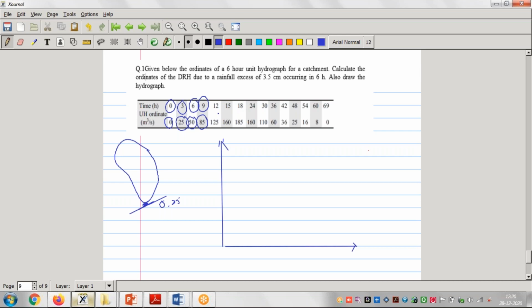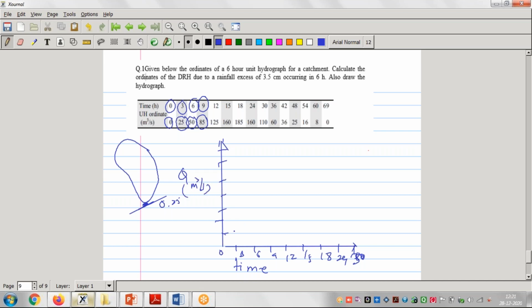So here you will observe that the time will be taken on the x-axis, right? So here this is 0, 3, 6, 9, 12, then 15, then 18, then here it is given as 24, not 21. Then this is 30. Now on the y-axis we take the discharge which they collected, Q, in meter cube per second.